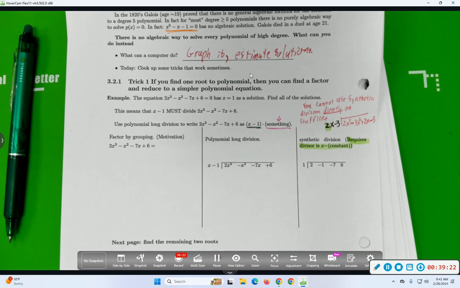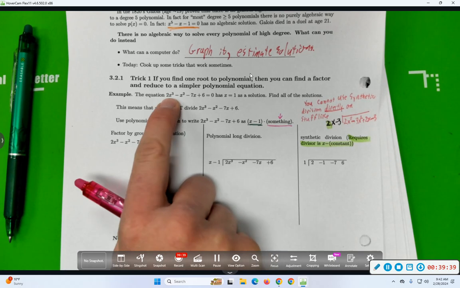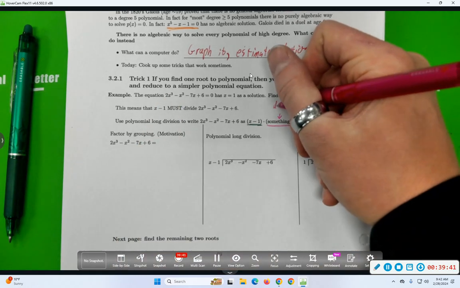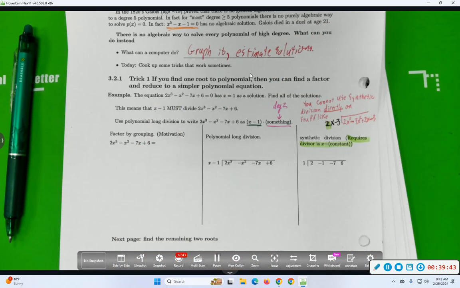What would the degree of that pink polynomial have to be? Yeah, degree 2. If you had an x to the 5th in the pink bit, then there would be an x to the 6th after you multiply, but the biggest power in this thing is degree 3. So this is going to be a degree 2 polynomial.